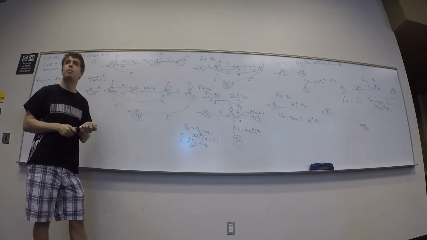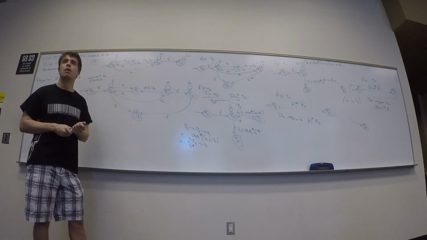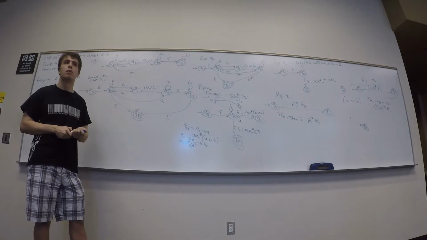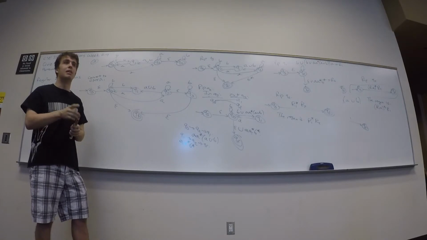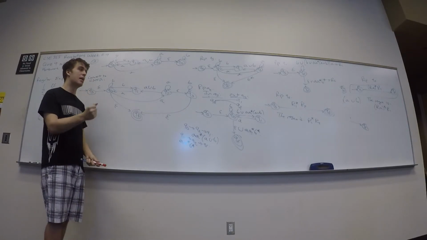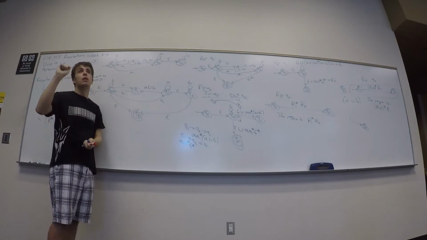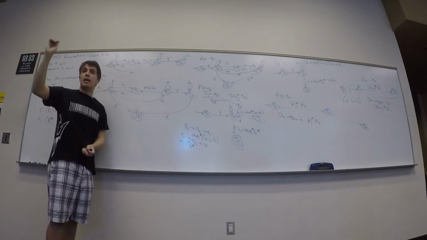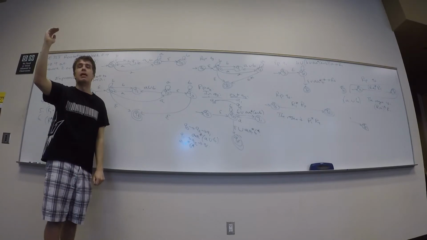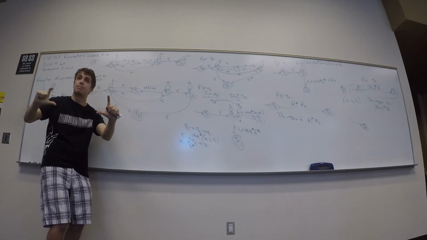So what was pumping lemma used for again? Determining if something is a regular language. So it's very close, but it's not quite there. So pumping lemma says that if you have a regular language, then I can say certain things.